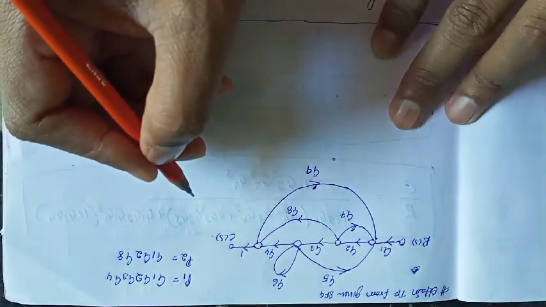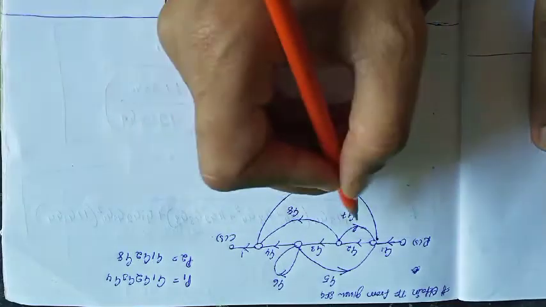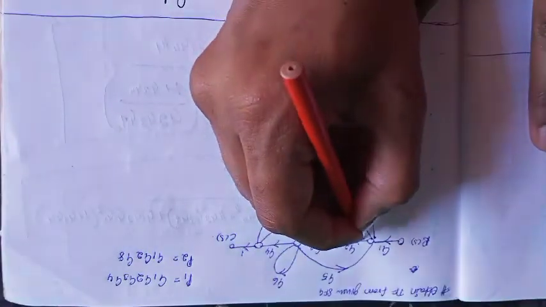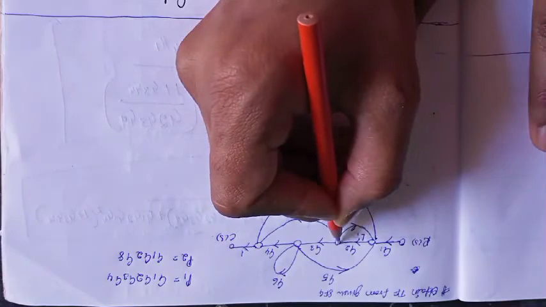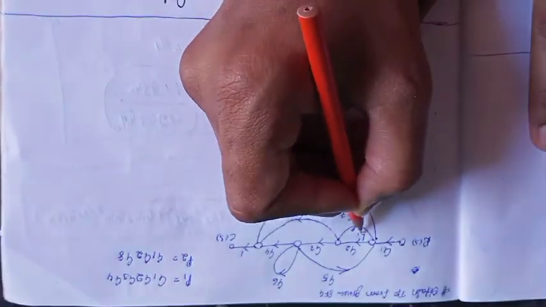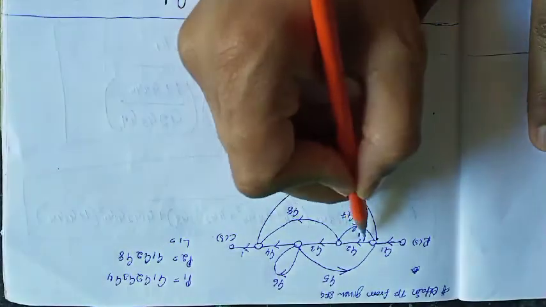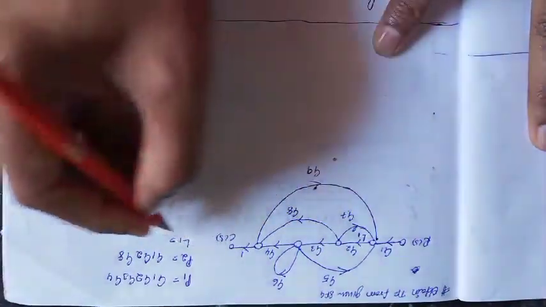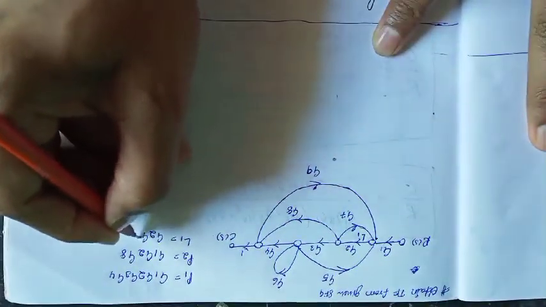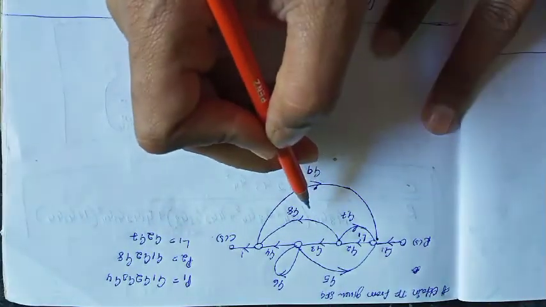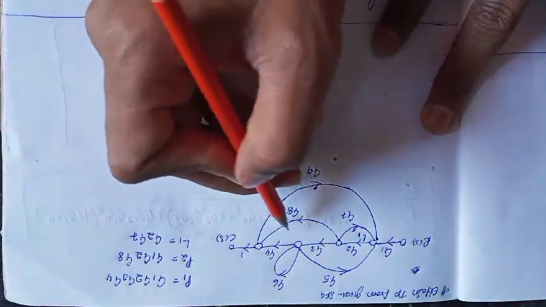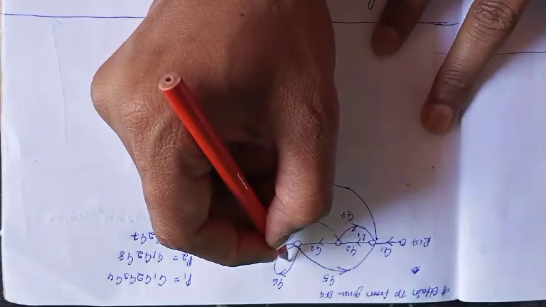Now identify the number of loops. Here give the numbers. This is my first loop, L1. Its gain is L1 equals G2 into G7. The second loop is the self loop.